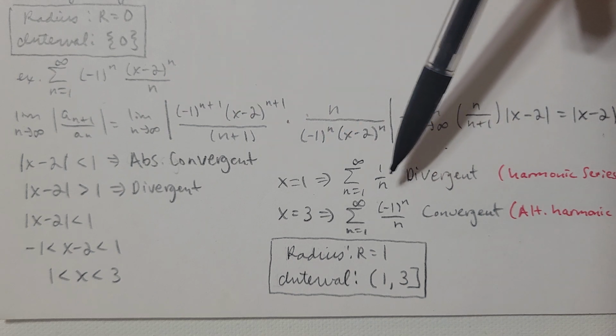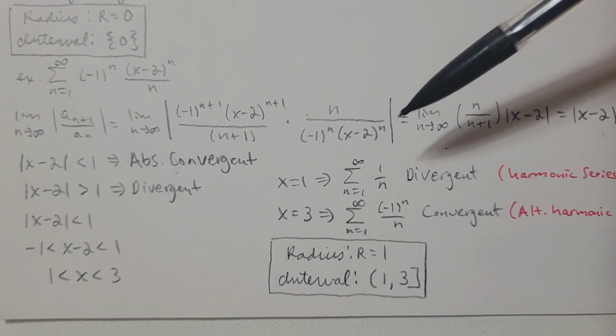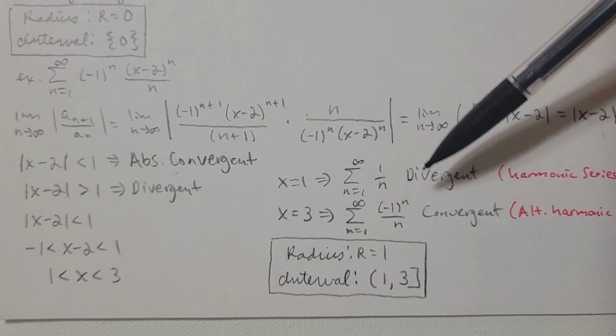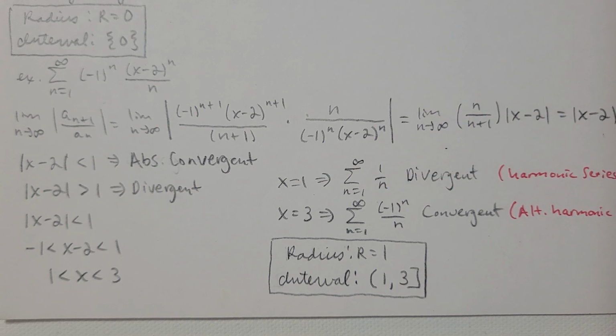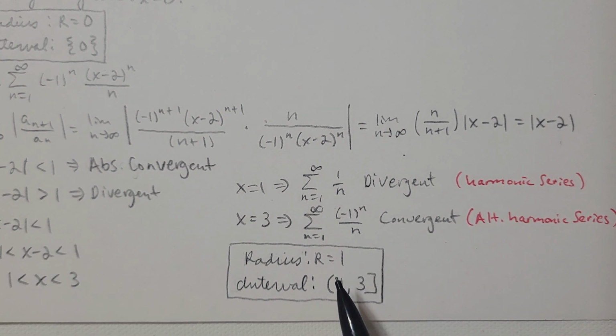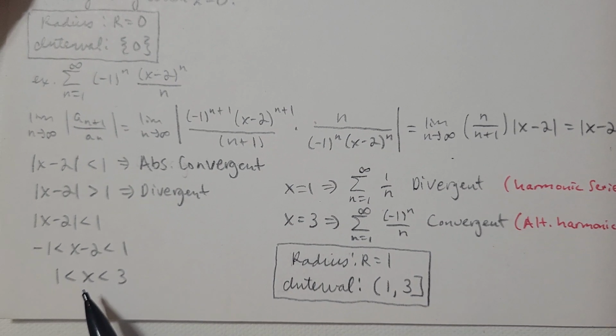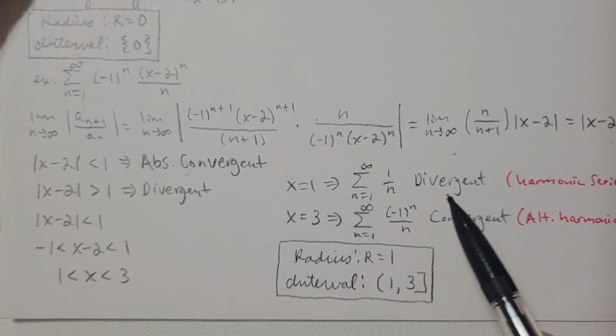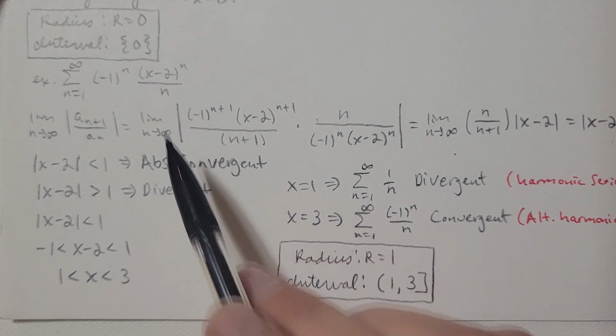I'm dividing that by n. So I have the summation as n equals 1 to infinity of 1 over n is what that simplifies to be. Now that's the harmonic series, which I know diverges. So when I go to write this interval, I'm not going to include 1 in my answer, right? Because I've got a divergent series when x is 1.